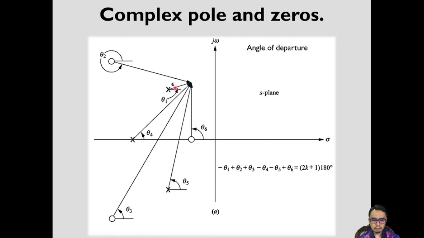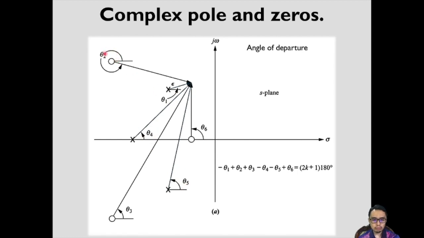Here, we assume a point which is very close to the pole, and we draw the vectors from all the poles and zeros, and we use the relationship from before. For example, in this case, there is a theta 1 here, theta 4, theta 5 representing the angles made by the vectors from the poles.